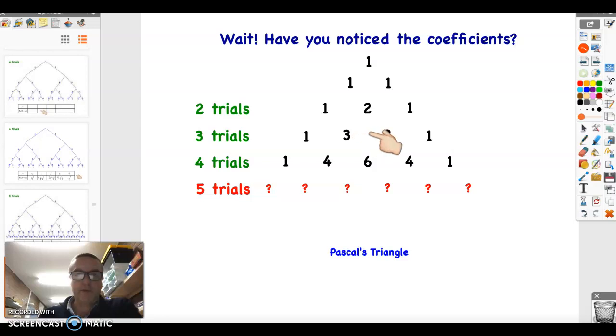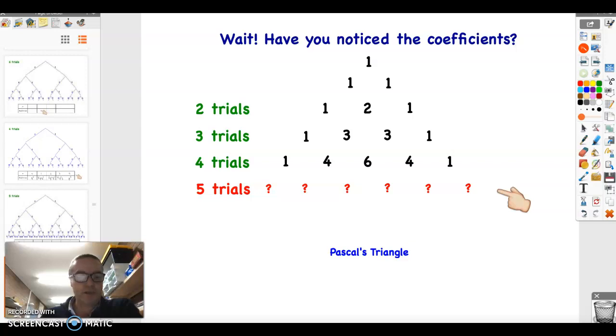Going from this row, 3 and 3 is 6, or 3 and 1 is 4. And the outside edge of the triangle is always 1. And so we can use this pattern to generate the coefficients for 5 trials without having to draw the probability tree.